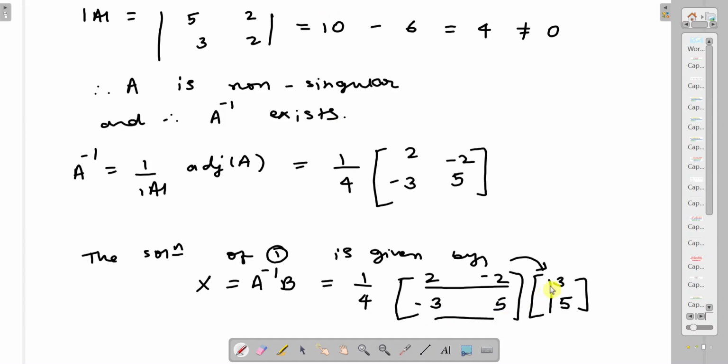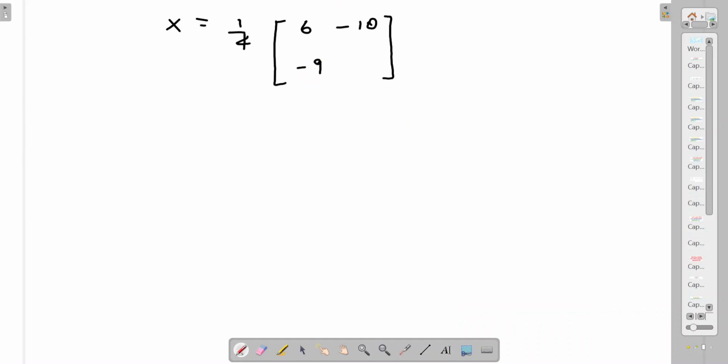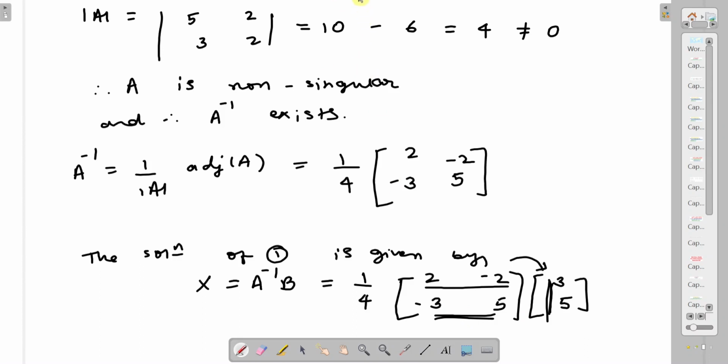Second row by the column: minus 3 times 3 is minus 9, and 5 times 5 is 25.